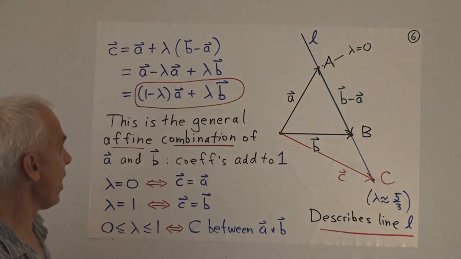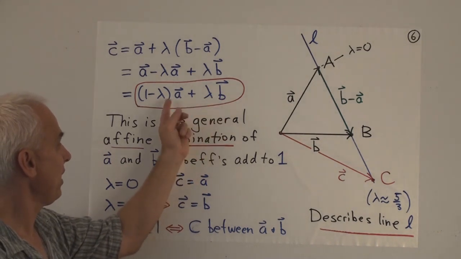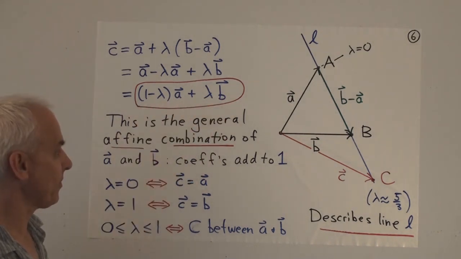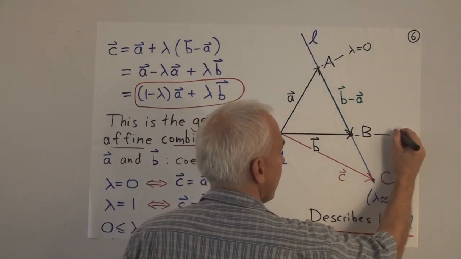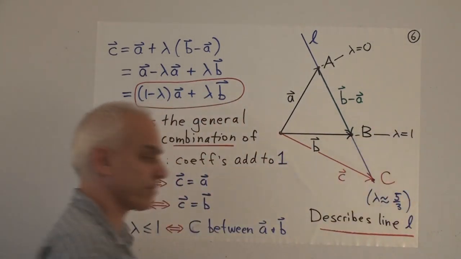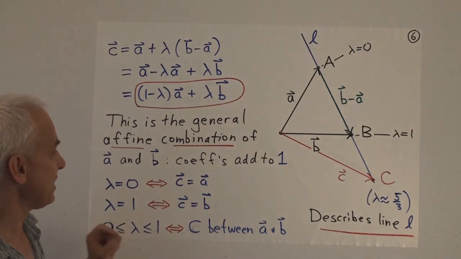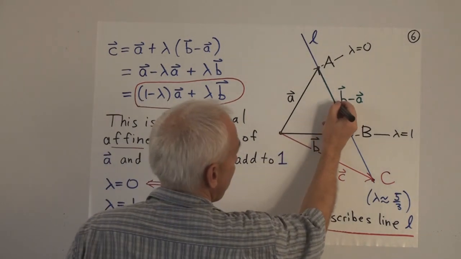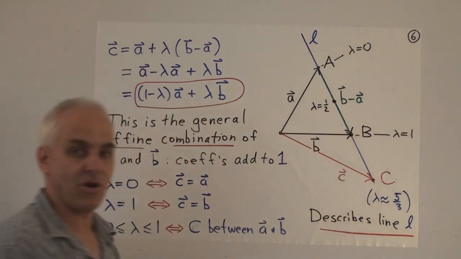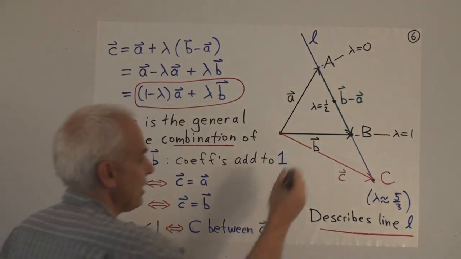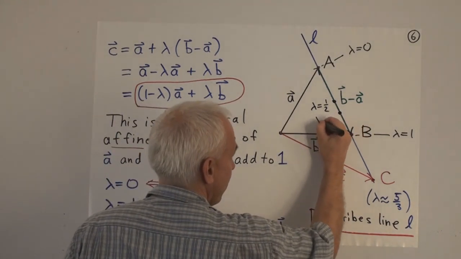If lambda equals 1, then this becomes just B, and that term disappears. So we're just talking about the point B. So right here, that's lambda equals 1. If lambda is equal to 1/2, that's our midpoint that we've talked about already. If lambda is 3/5, that would be somewhere over here.